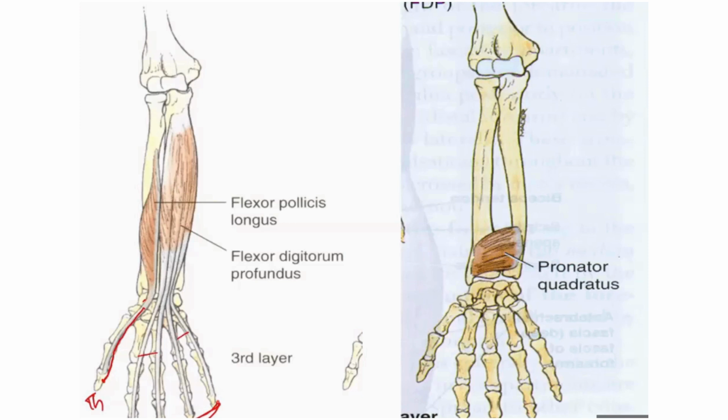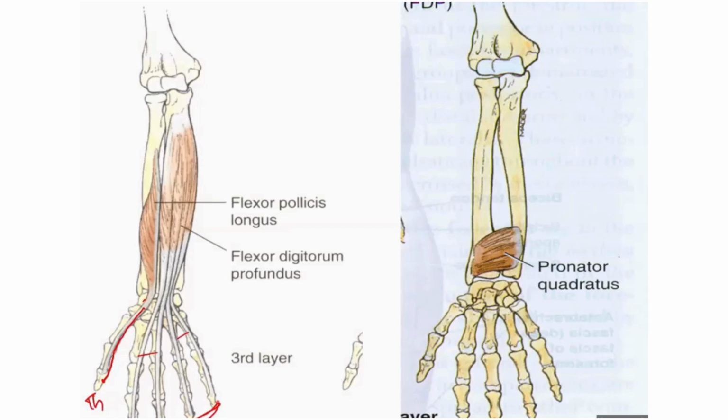The median nerve enters by passing between the 2 heads of pronator teres. These are all important. Median nerve between 2 heads of pronator teres; ulnar nerve between 2 heads of flexor carpi ulnaris.